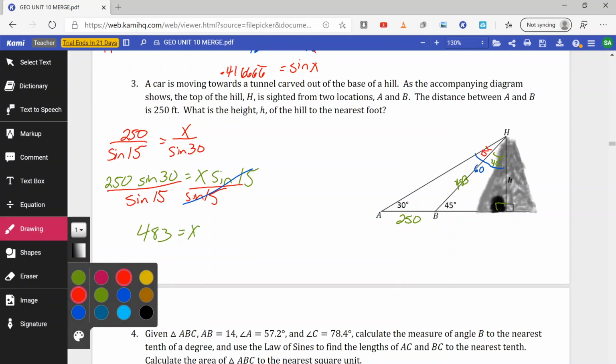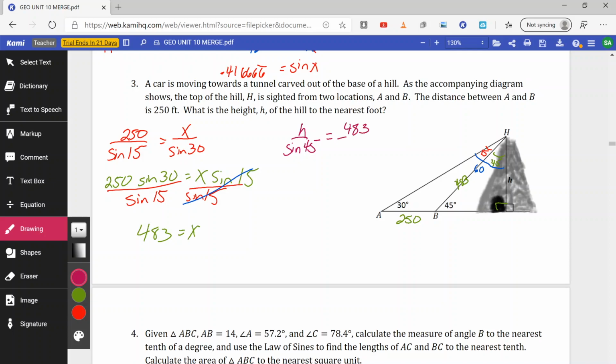So the law of sines states H over the sine of 45 is going to be equal to 483 over the sine of 90. We'll cross multiply, so we'll end up with H times the sine of 90 equals 483 times the sine of 45.